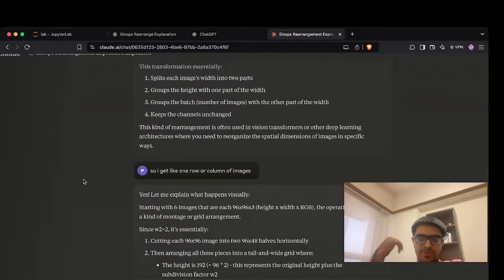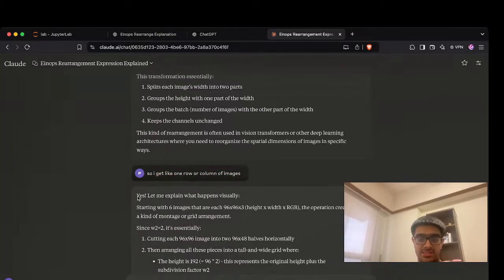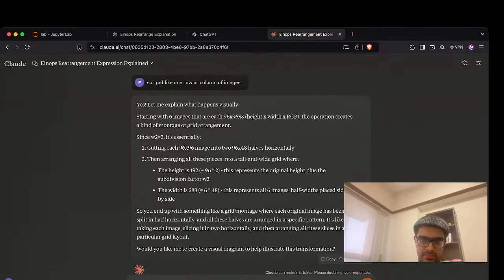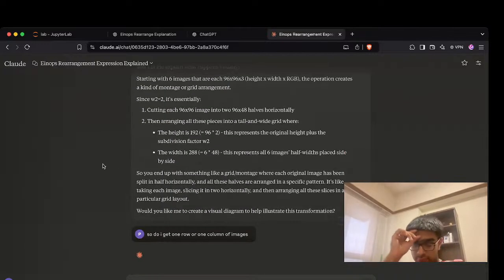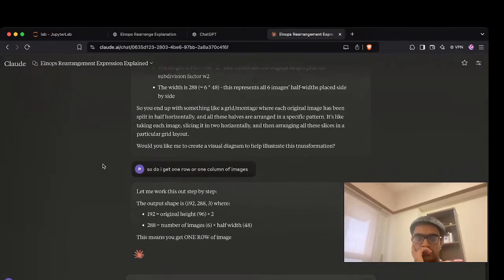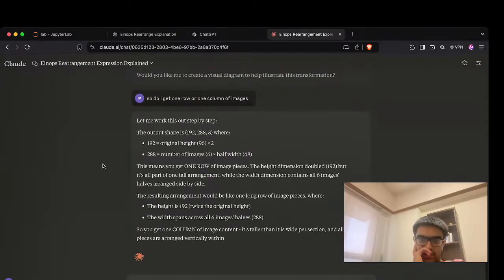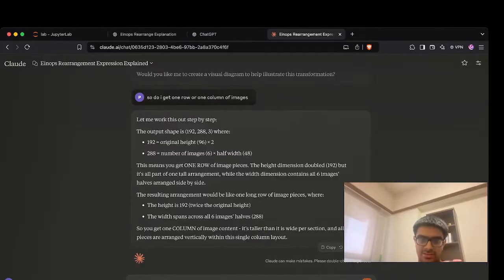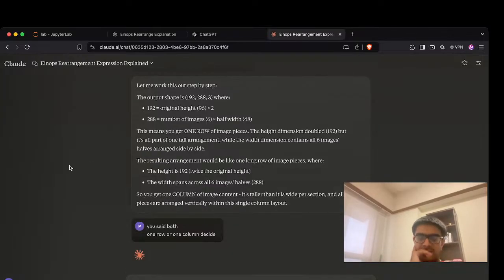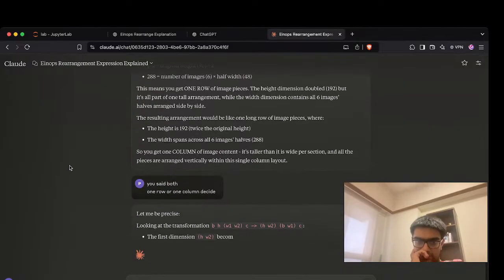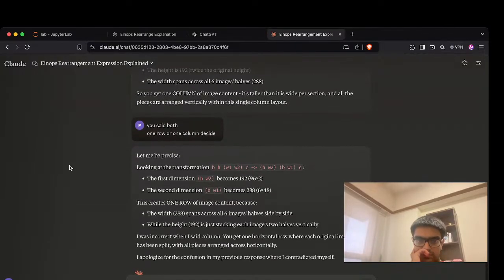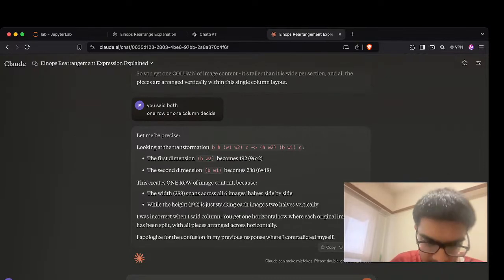This is a particularly stupid answer. I get one lower column. Yes. One row. Okay, correct. I feel like I'm wasting my time with this. Okay, thank you.